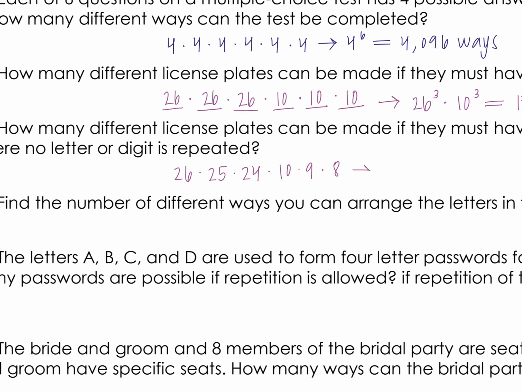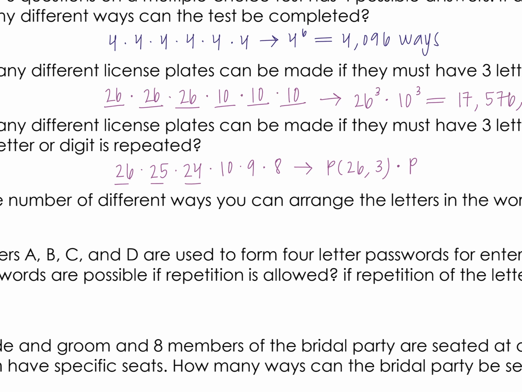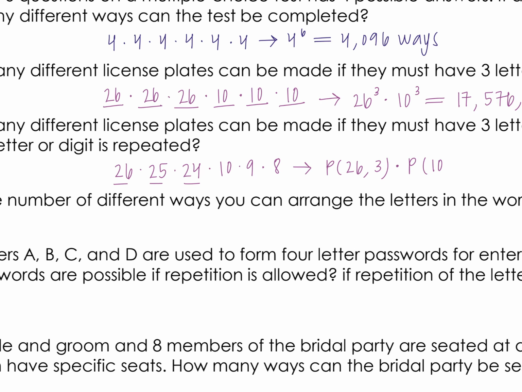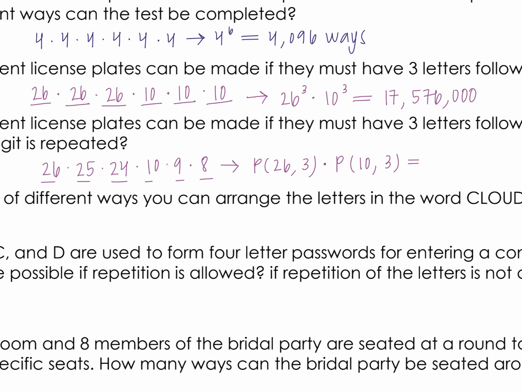Okay, so this is going to be, we've got our permutation of 26, pick 3, because we're stopping after we make 1, 2, 3 choices, times, and then we would have that 10, and then we would have the same picking 3, 1, 2, 3. Just to clarify, because I didn't mention it earlier either, but we're getting 10 because we have 0, 1, 2, 3, 4, 5, 6, 7, 8, 9, and that's giving us our 10 options.